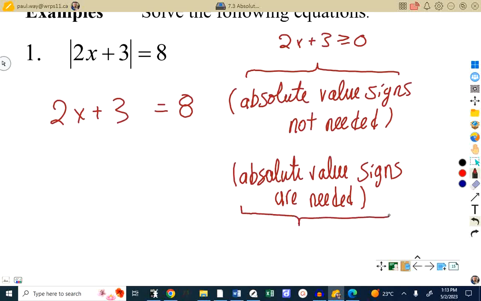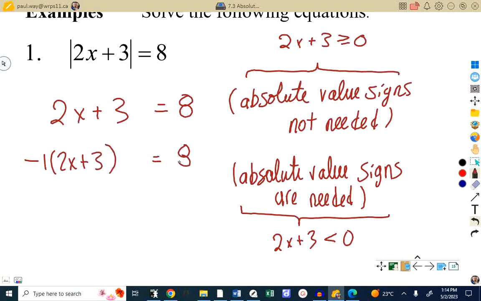I'm telling you that 2x plus 3 is less than 0. I'm telling you that it's negative. So what would that equation change into if 2x plus 3 was a negative thing? You want to give it a shot, Jay? Times it by -1. Yeah. Negative 1 times 2x plus 3 equals 8.